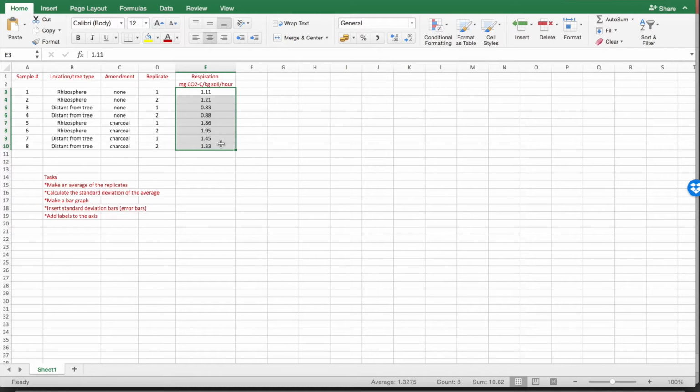And you see that the values vary depending on the type of samples. It's also expressed in, as I discussed before, milligrams of carbon per kilogram of soil per hour. So what I want to get done with this Excel exercise is to first make the average of the replicates for each sample set, and then calculate the standard deviation of the average.